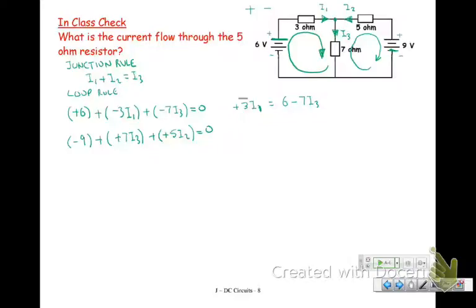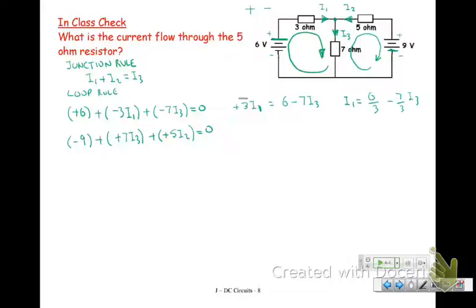Everybody agreed on that? Yeah, that's it. Take that to the other side, leave the rest alone, and then rearrange. So I1 is equal to 6 over 3 minus 7 over 3 I3.